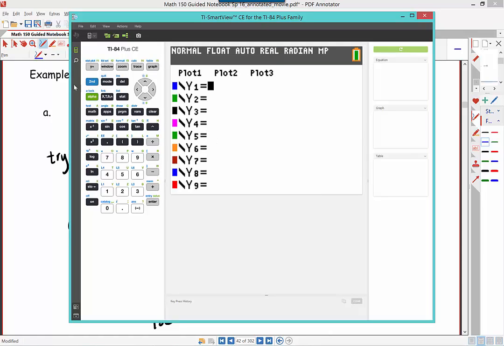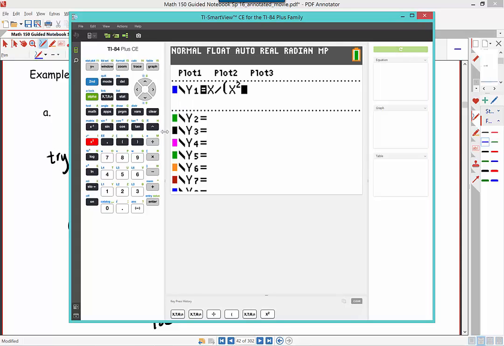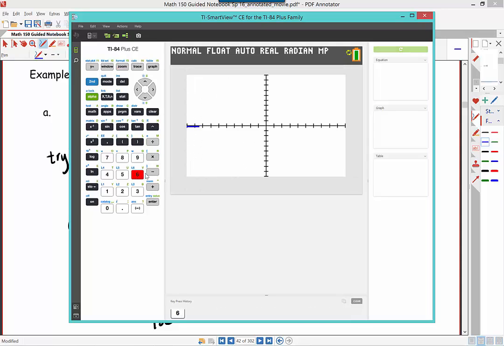All right, let's look at a picture of what that graph would look like. So we'd have, I believe, x divided by quantity x squared minus 9, and we're interested, we'll just go to the Zoom standard.